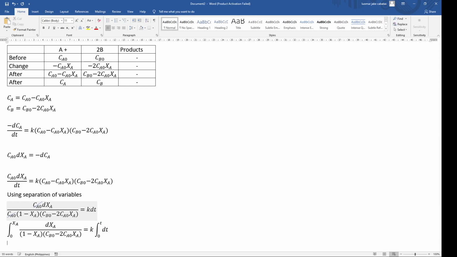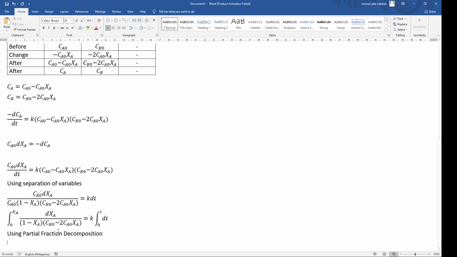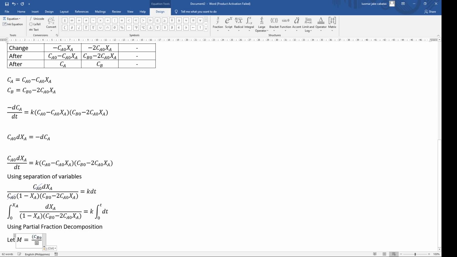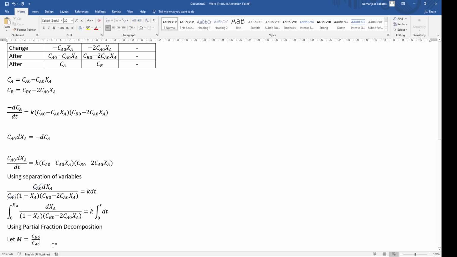Then using again as sa katong pinakauna, using partial fraction decomposition and letting m be equal to CBO over CAO, kana.